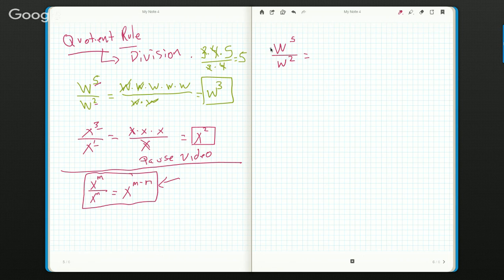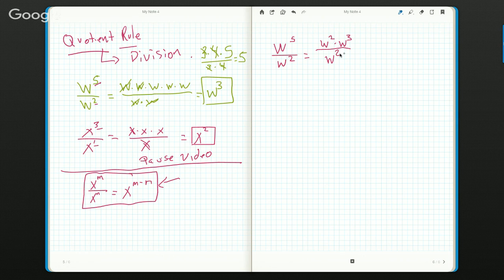So we're going to rewrite this in terms of the bottom. So watch what I do. I know that the bottom is w squared, w to the 2nd power. So I'm going to write the top as w to the 2nd power times w to the 3rd power, because I know w to the 2nd times w to the 3rd is w to the 5th by our product rule.